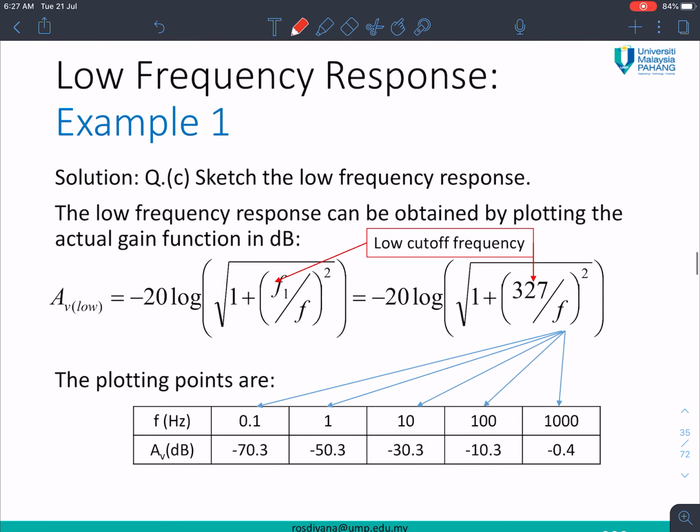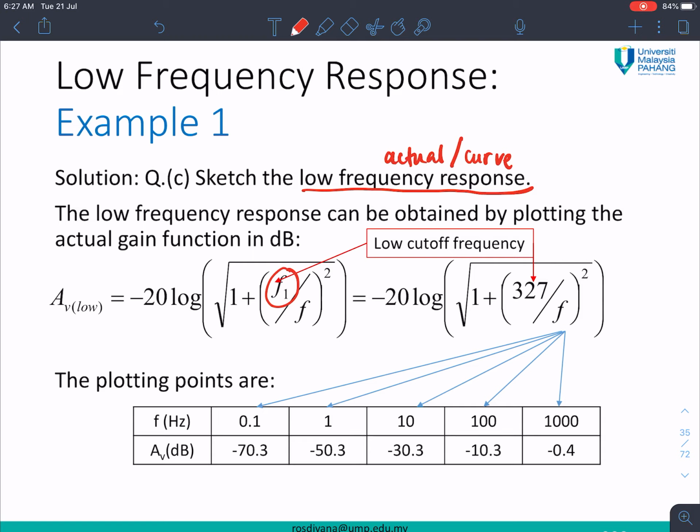Now we go to draw the low frequency response, or we say this is the actual response or curve. You already have the asymptotes. To get this one, you have to use this formula, the first formula. You insert your frequency here, 127.